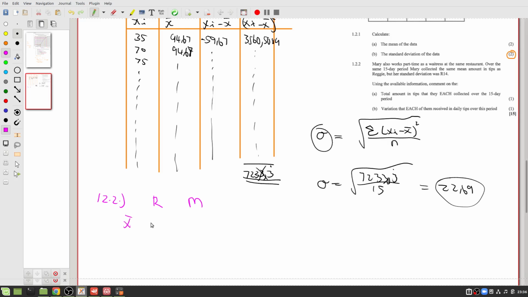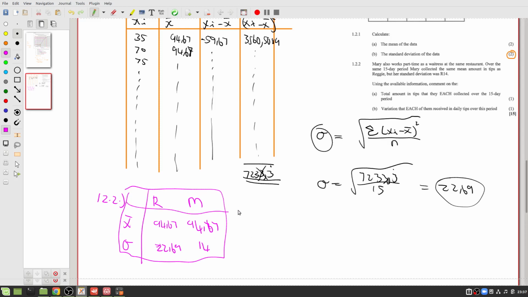So the mean was the same, right? Mean was, for both of them, 94.67. And then the standard deviation for Reggie was 22.69. And the standard deviation for Mary was 14. Okay, so this is the information we have.